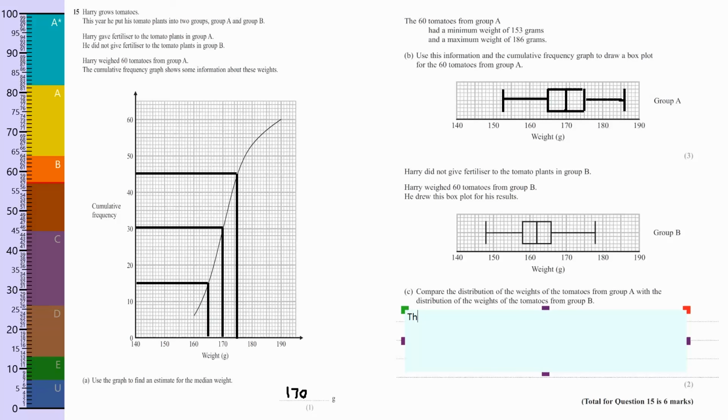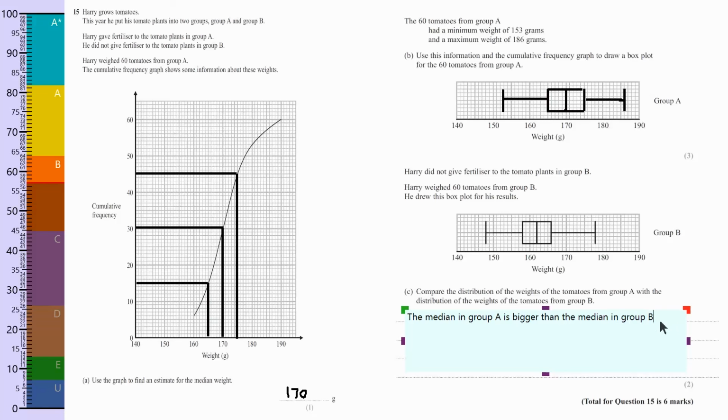So you just need a statement like the median in Group A is bigger than the median in Group B. If you look at it, median Group A is 170, but in Group B it's 162.